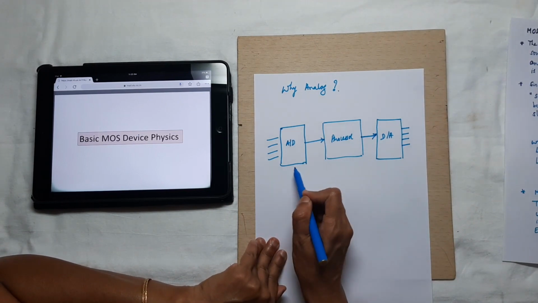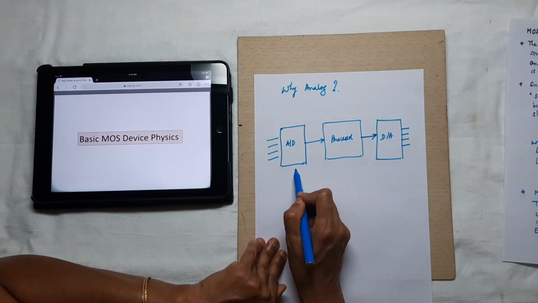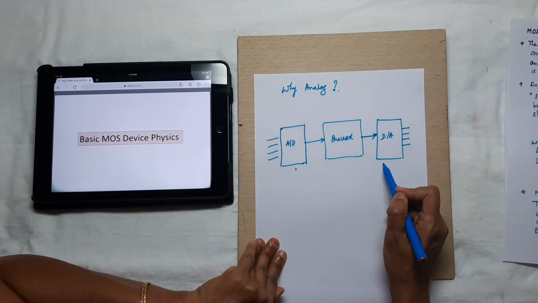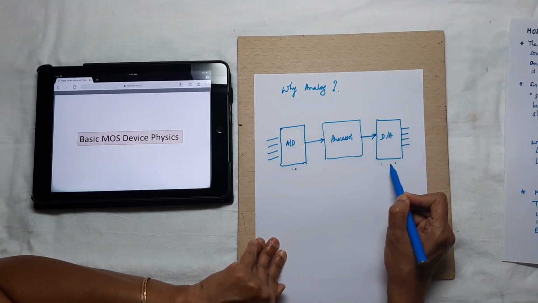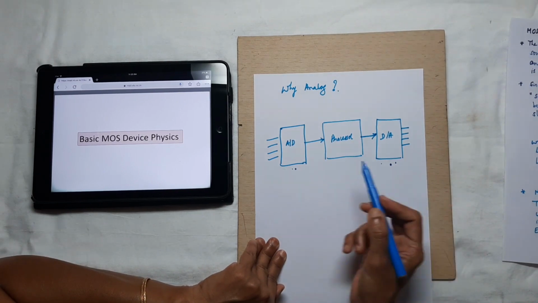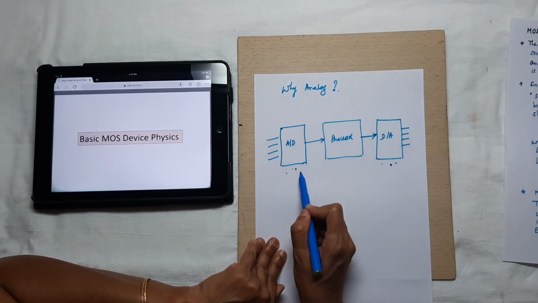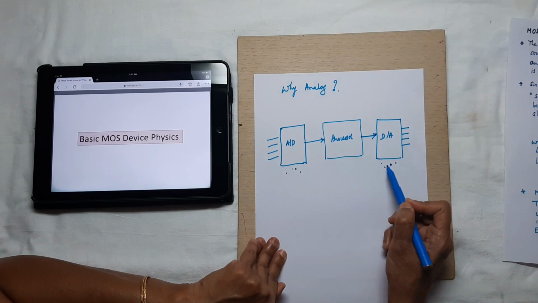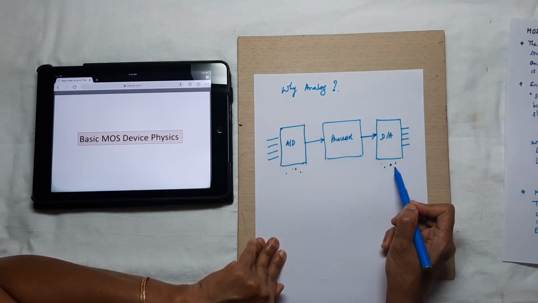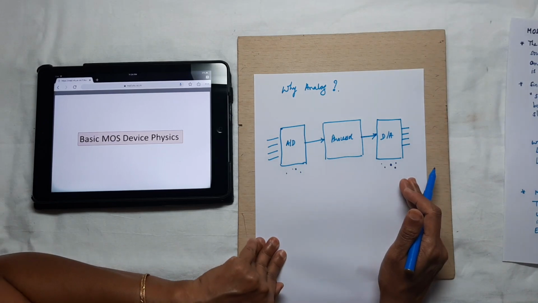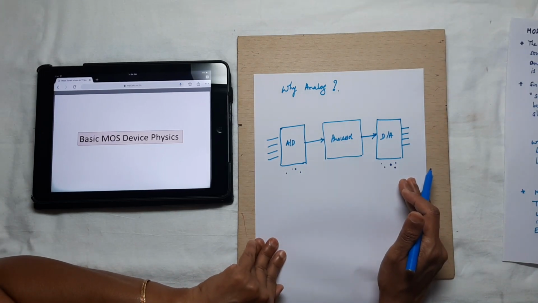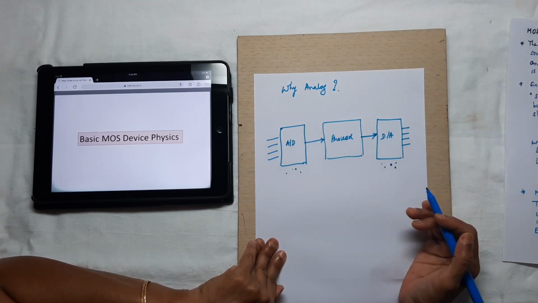Since we need to convert from analog to digital at the input and digital to analog at the output, these two are called mixed mode circuits, where we have analog circuits as well as digital circuits. So this is the basic idea of why we go for analog design as well as mixed mode circuits. So let us start with basic MOS device physics.